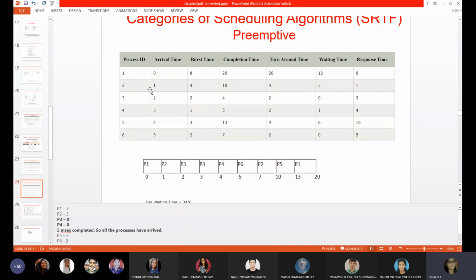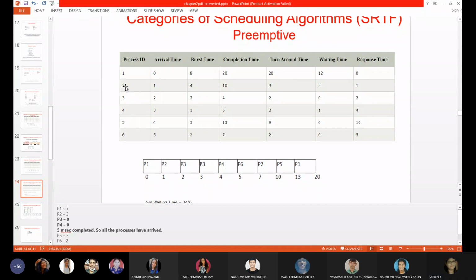Of course, process P2 arrived at 1 millisecond. So process P1 completed only 1 millisecond out of 8 milliseconds. Exactly at that time process P2 arrived.